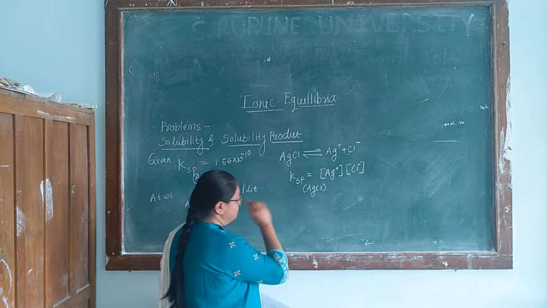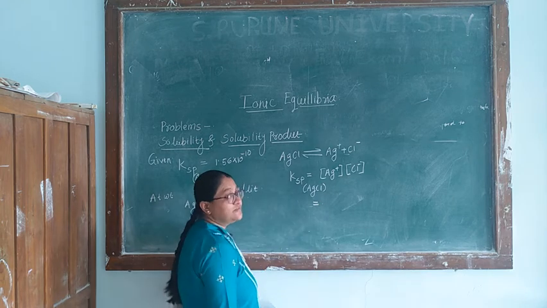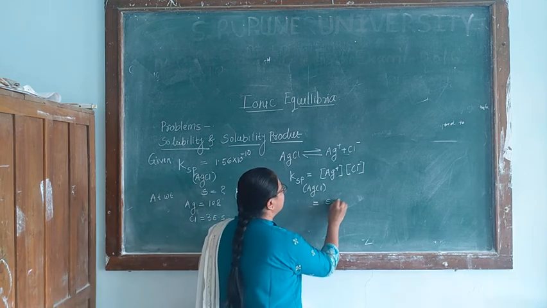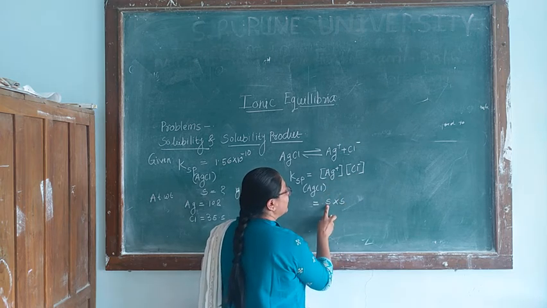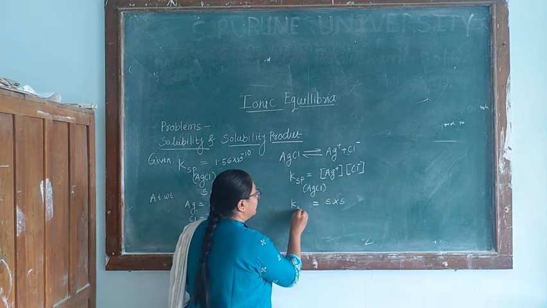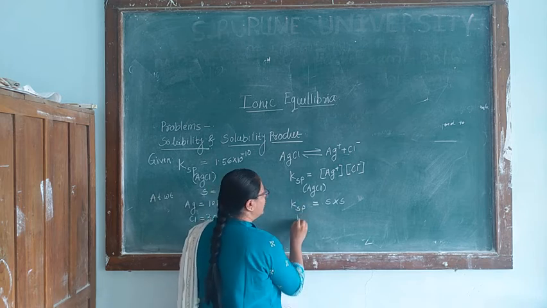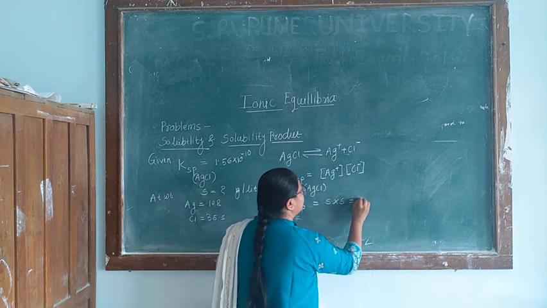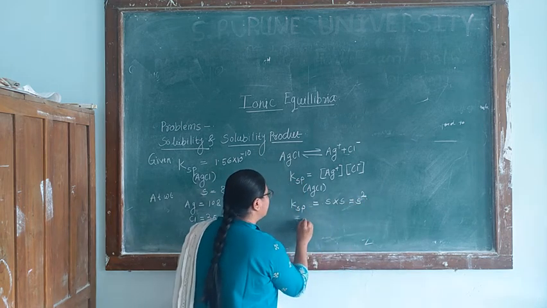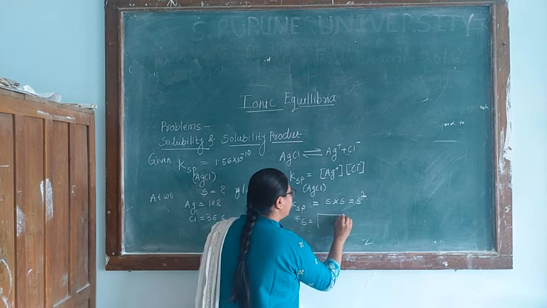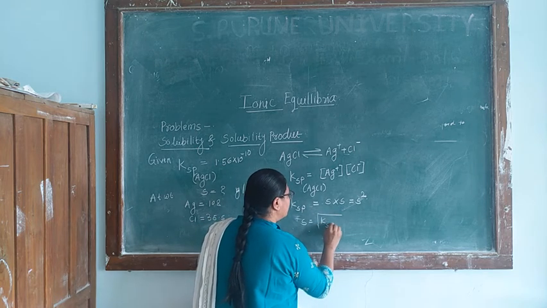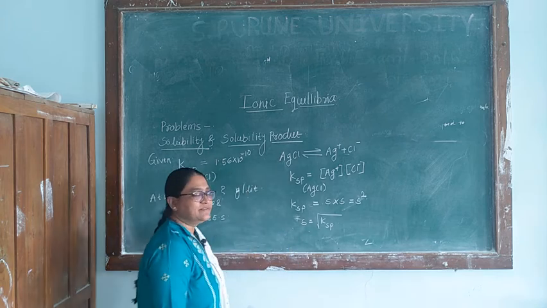In terms of solubility, since only one ion of each is formed, Ksp is equal to S square. To calculate the solubility, S square is equal to Ksp, therefore S is equal to the square root of Ksp. Simple.